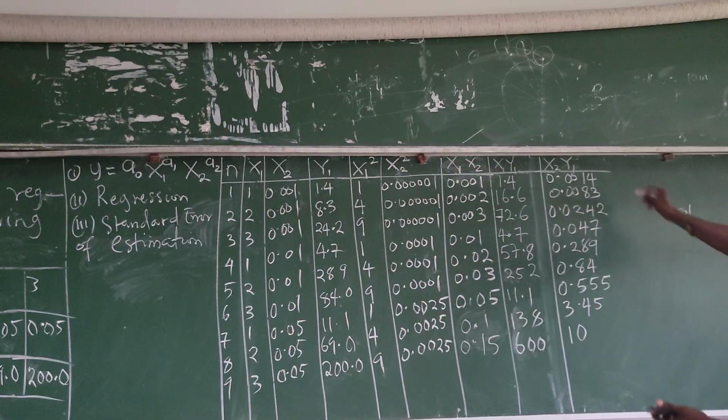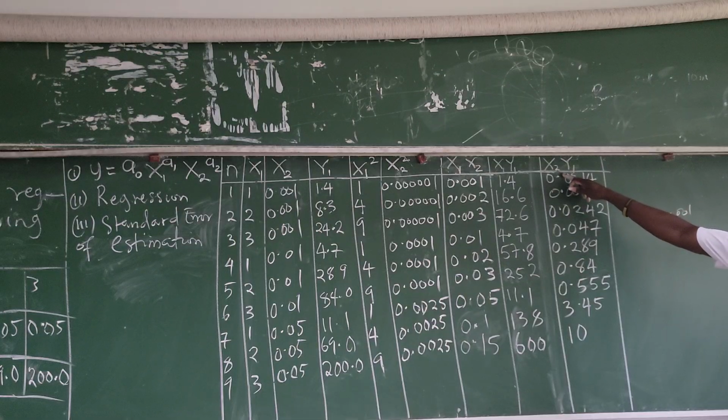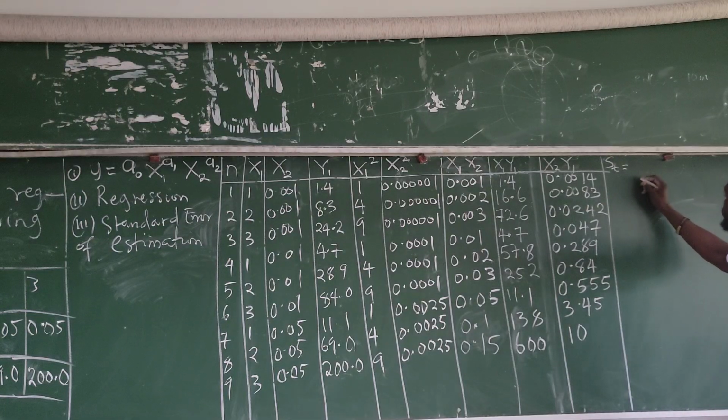So this becomes our x subscript 2 and x subscript 1. So after having x subscript 1, you have to have xt. Your xt is equal to y1 minus y bar, all in square.